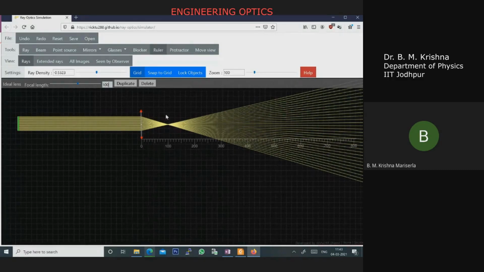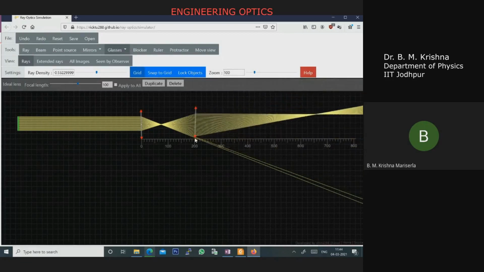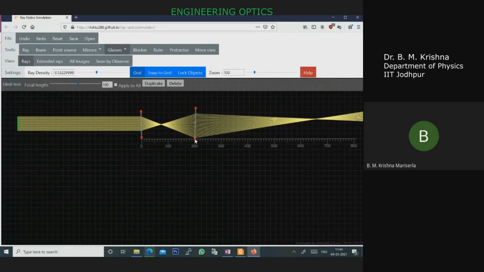Now for example I want to collimate this beam. After focus, I need the rays to be collimated. That means I want a collimated beam, so I will use one more lens to collimate the beam.